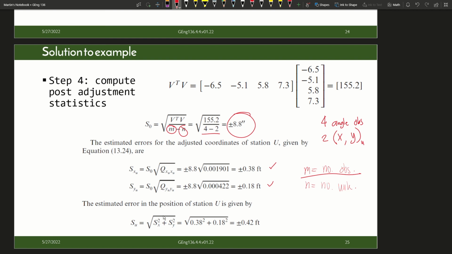Okay, so to determine the error in the position of station U, it is given by this equation. Then you have your standard deviation of this station. Okay. So this ends our lesson.